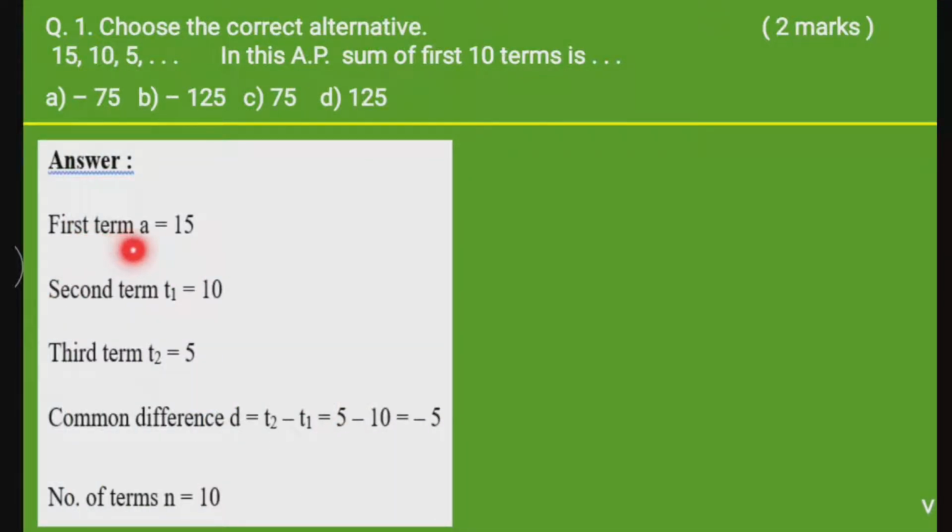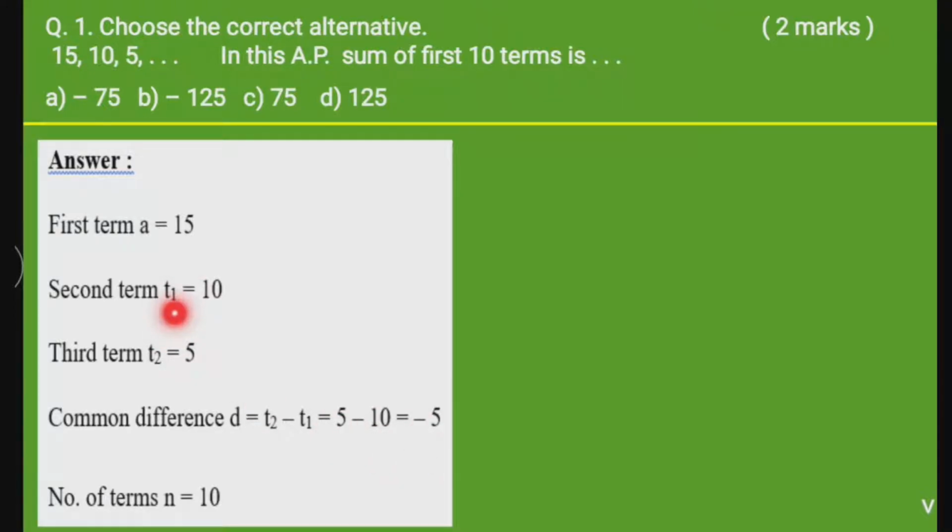first term a equals 15, second term that is t2 equals 10, third term that is t3 equals 5. So first we calculate here common difference, d equals t2 minus t1. So we get here 5 minus 10, which is minus 5.